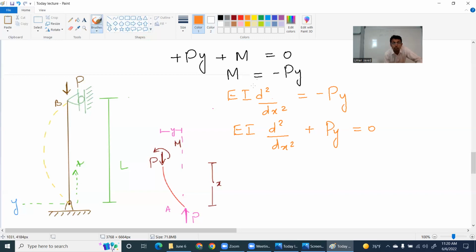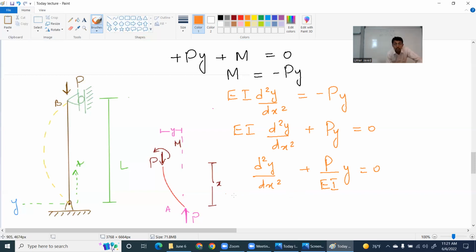I think nothing will happen if I take the liberty of using y here. So y is for deflection, at least in this topic. So d square y divided by dx square plus P over EI. You don't need to worry, I will not go into too many derivations.